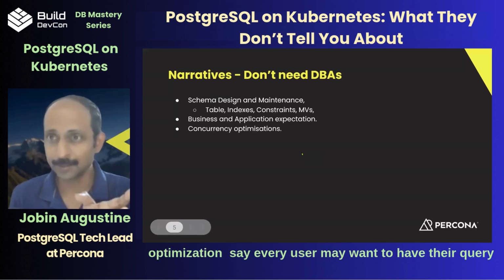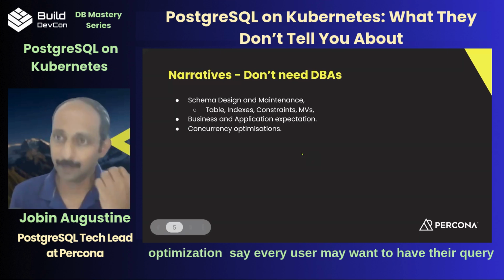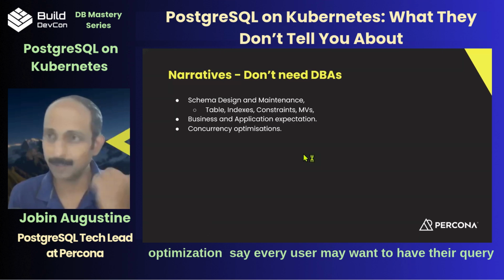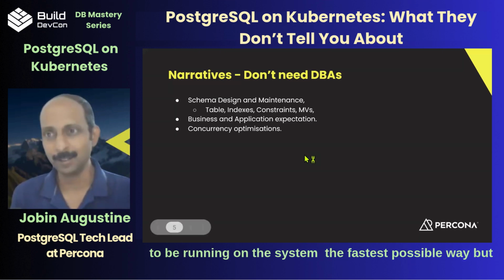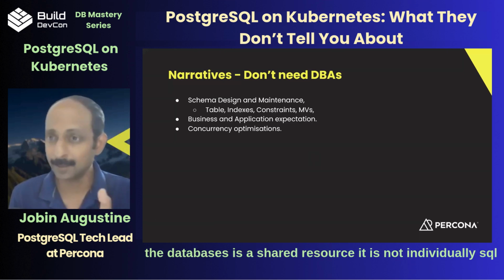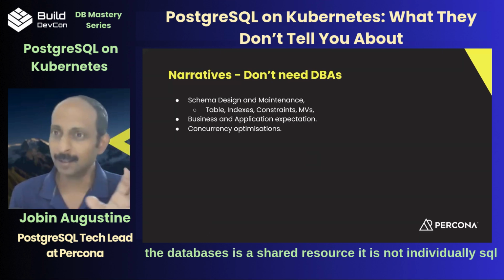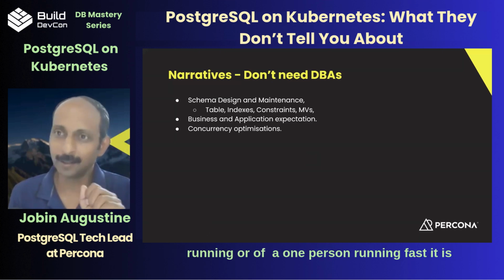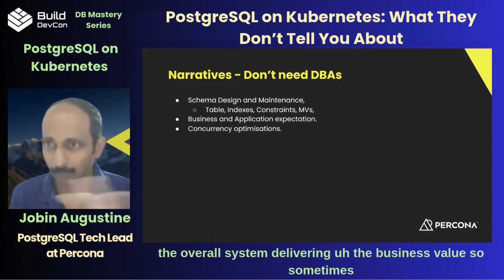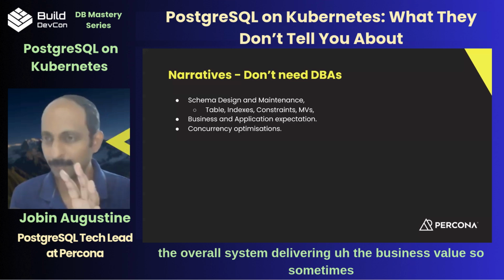And concurrency optimization. Every user may want their query to run on the system in the fastest possible way, but the database is a shared resource. It is not an individual SQL running fast for one person. It is the overall system delivering the business value.